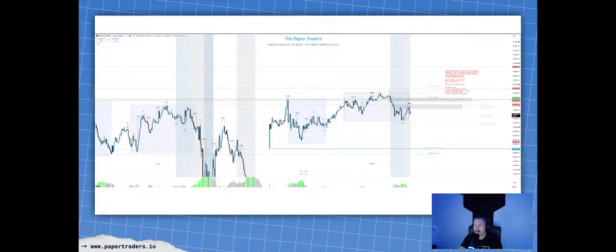As we said, continue to look around the London session high and see if price comes up to sweep it before the reversal to the downside.